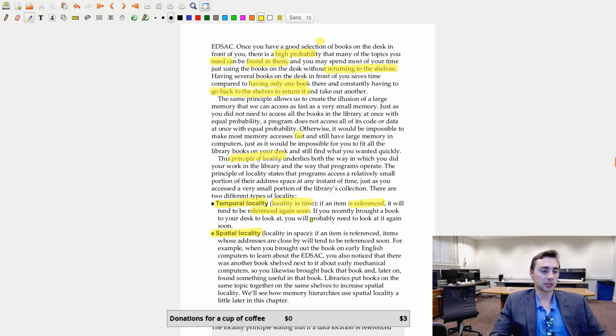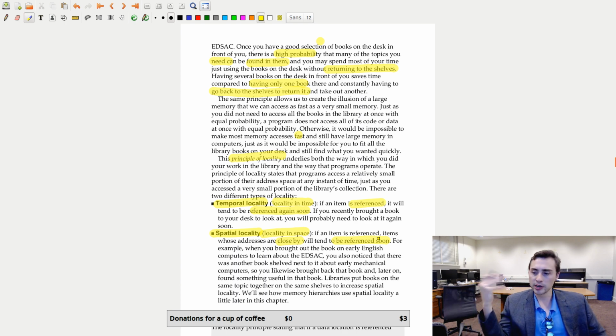And then we have spatial locality, locality within space. So if an item is referenced, items whose addresses are close by will tend to be referenced soon. Consider something like an array.